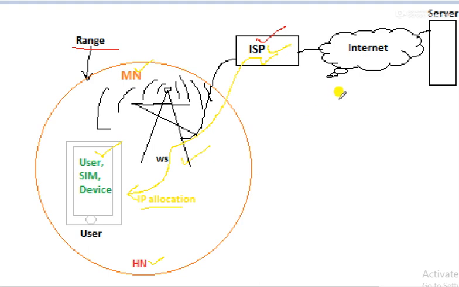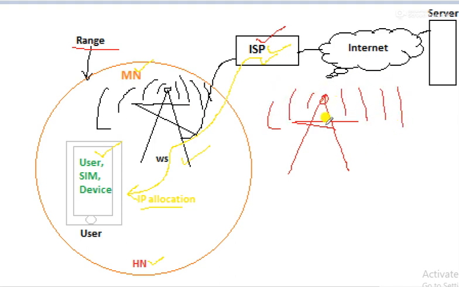Because in short, the other wireless station which is available here is acting as another access point, or as the same part of the ISP, which forms the same ISP's network only.